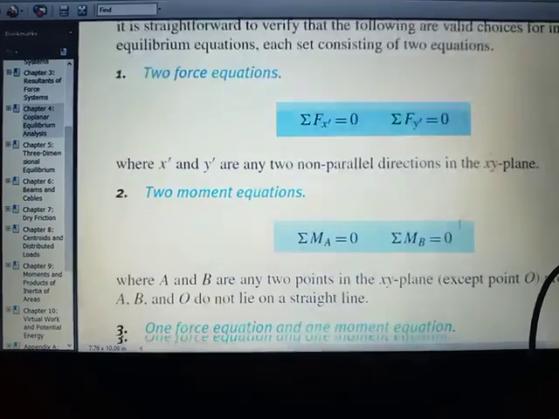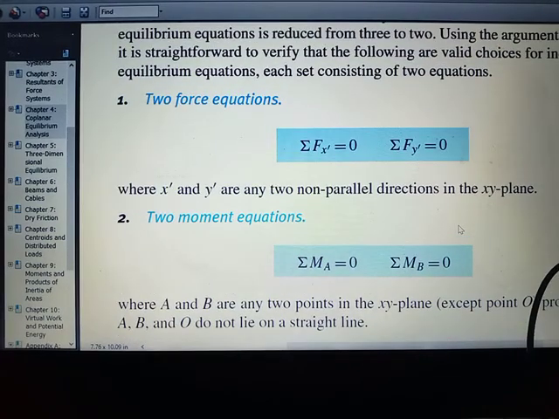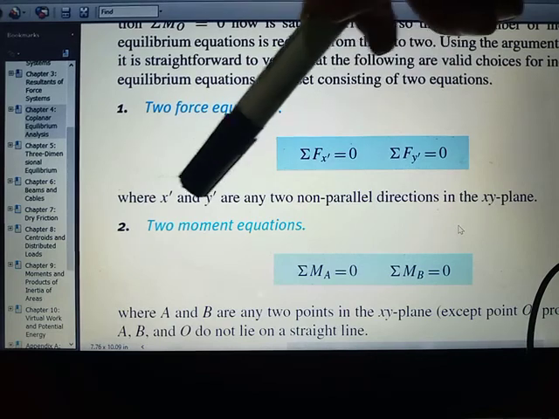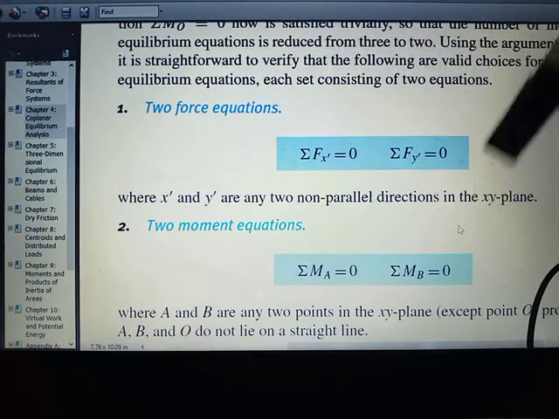Or hindi. So, pwede ring nakatagilid, pwedeng hindi, okay? So, as what have we previously discussed, okay? So, x and y bar are two non-parallel directions in xy plane, okay?